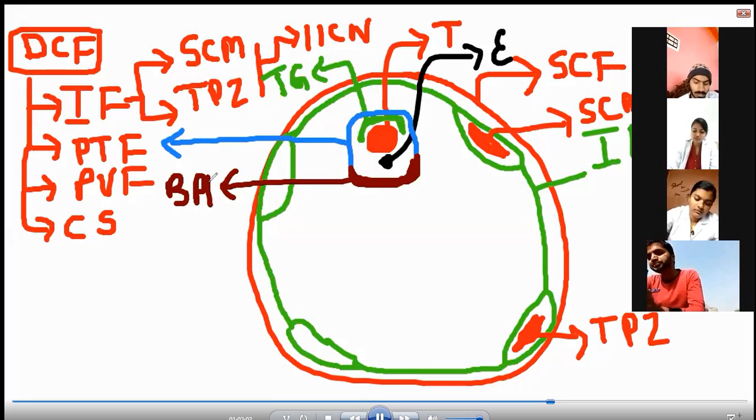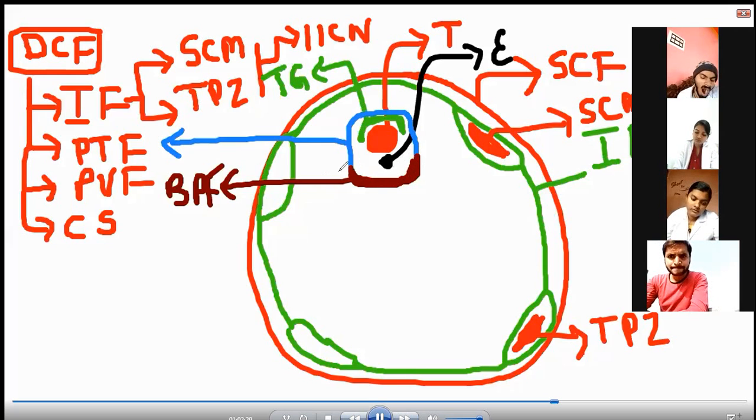It is known as which fascia? Buccopharyngeal fascia. Buccopharyngeal fascia did not come from nowhere. It is a posterior modification of pretracheal fascia. When it is passing behind the pharynx, we just changed the name of pretracheal fascia and called it buccopharyngeal fascia. Clear? It is clear. Okay.